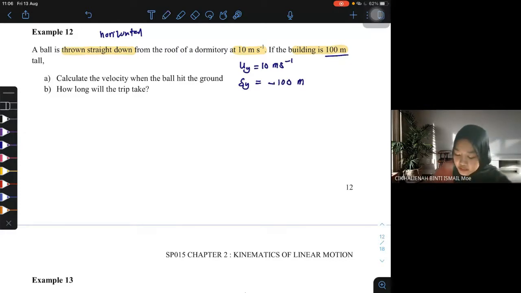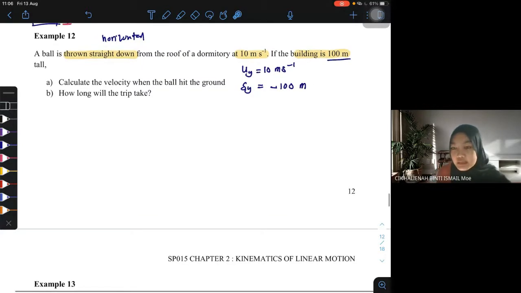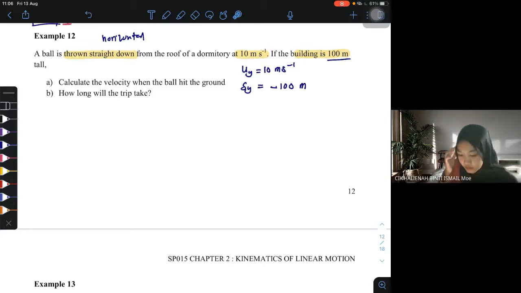So dua information yang kita dibagi, sama juga macam example yang tadi. Cuma example yang tadi, initial velocity adalah kosong. But now we are given the initial velocity, which is 10 meter per second. So now we want to find the velocity.